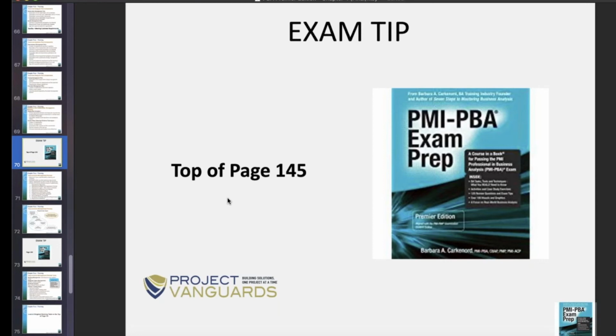When the exam question asks for techniques that do not require direct involvement of stakeholders, consider these techniques: observation or job shadowing, document analysis, or research, or competitive analysis. When the exam question asks you for techniques to elicit requirements from key stakeholders, what techniques would be the answer on the exam? Formal interview, requirements workshop.